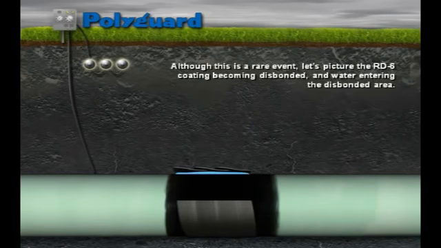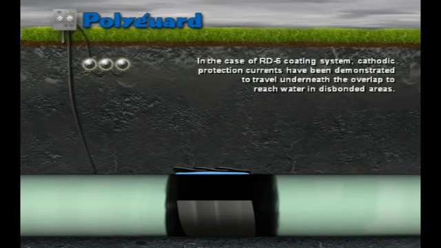Although this is a rare event, let's picture the RD6 coating becoming disbonded and water entering the disbonded area. In the case of RD6 coating system, cathodic protection currents have been demonstrated to travel underneath the overlap to reach water in disbonded areas.